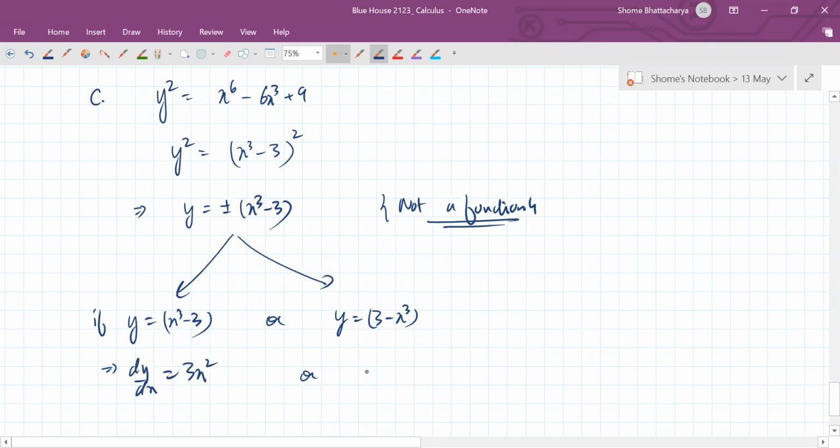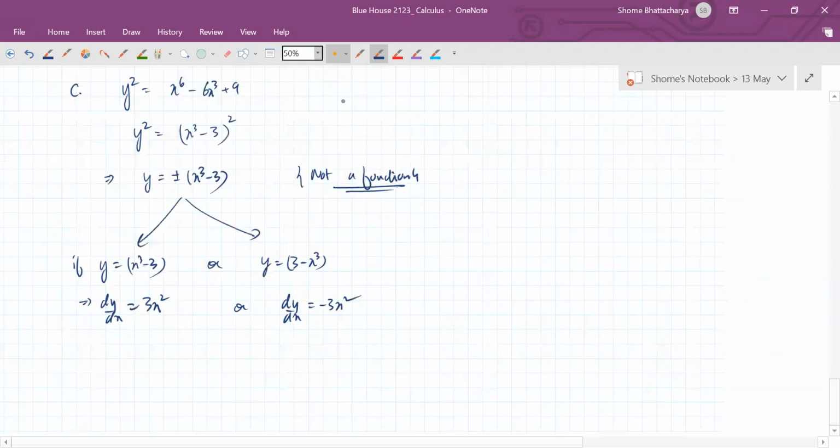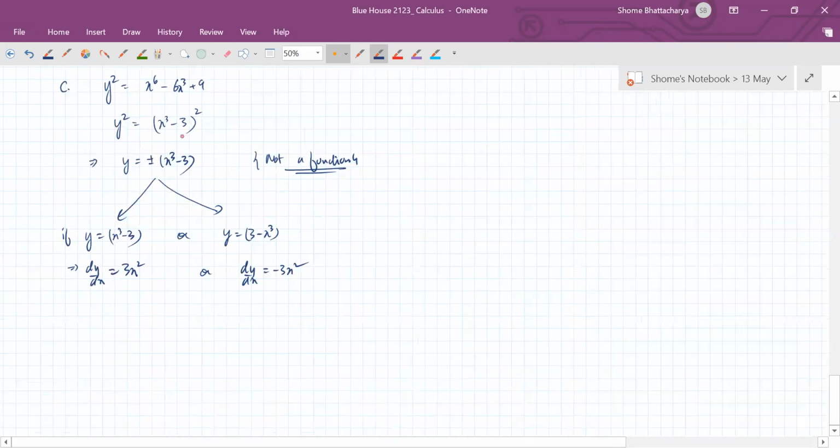Or if it is this, then the derivative is minus 3x square. So at this stage, based on the knowledge that I've given you about differentiation, this is the final answer we should give, that if this is the expression given, it is basically not a function. But if we want to convert it to a function, we have these two options. And for each of these options, we have a different value of derivative. Okay, sir, is it clear now?